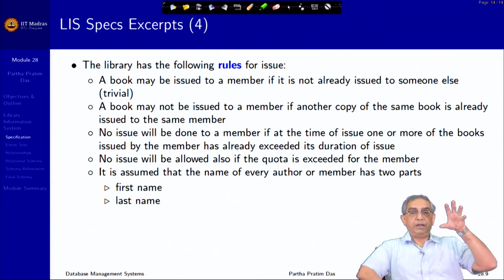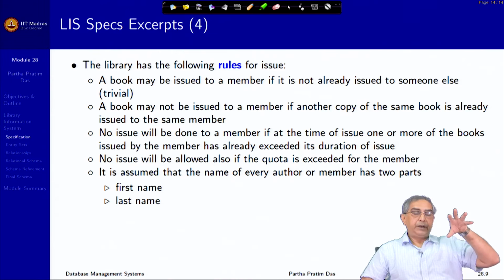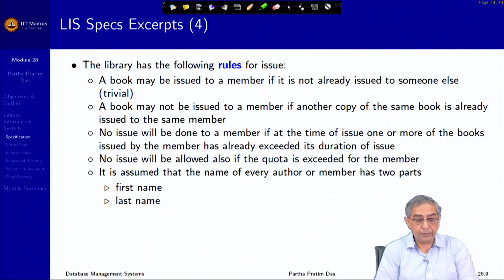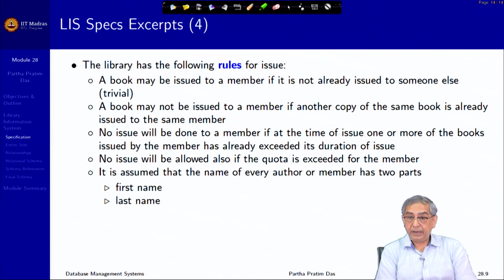So, you will have to decide whether you would like to keep this in the database constraints, and how convenient that is, or whether these are constraints for the application program, right. But these are constraints which they are talking about. No issue will be allowed also if the quota is exceeded for the member, right. This kind of constraint will also have to be in place.